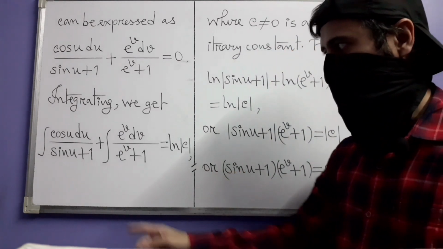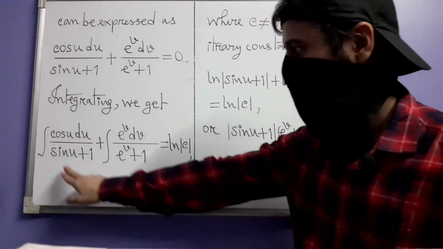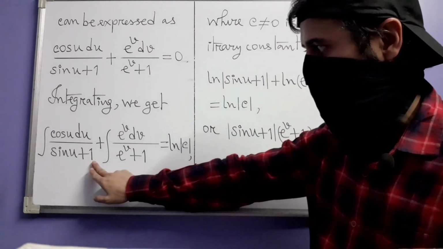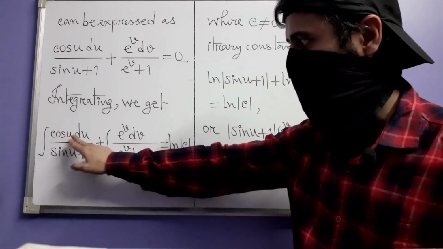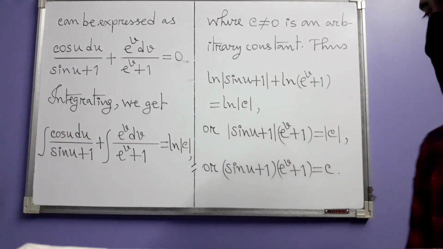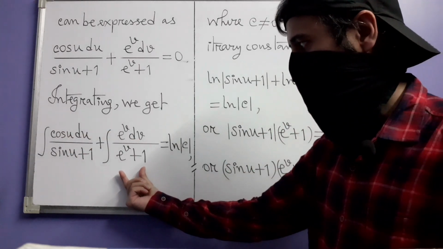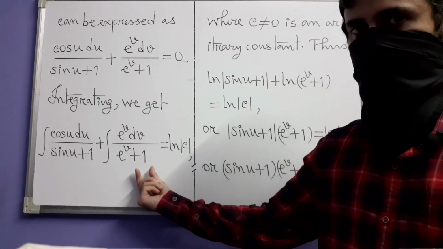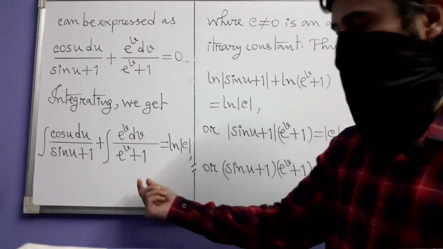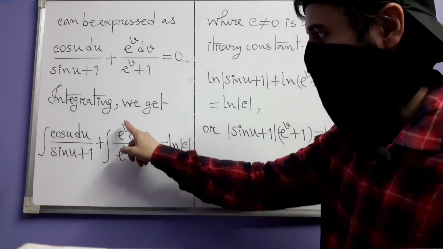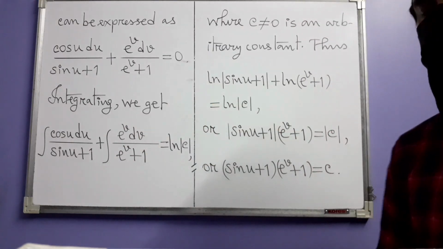And then you already know what these integrals will be. The differential of sin u plus 1 with respect to u, of course, is cos u du. The differential of e to the power v plus 1 is e to the power v dv.